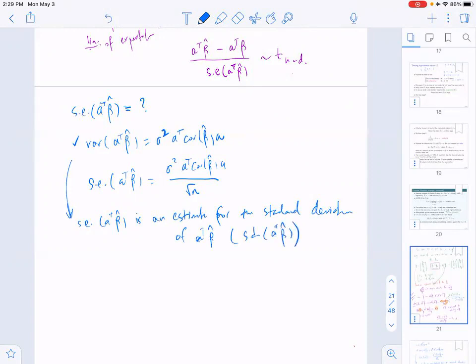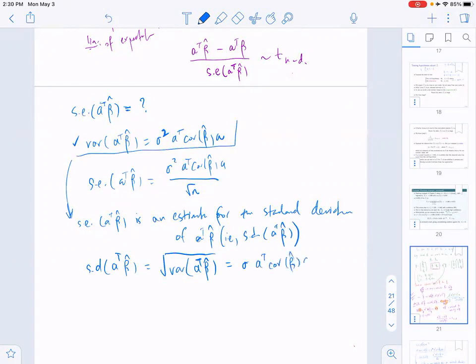So what is the standard deviation of A transpose beta hat? By definition, it's the square root of the variance of A transpose beta hat, which is the square root of this variance.